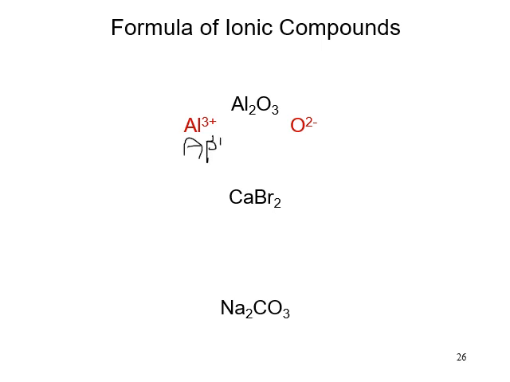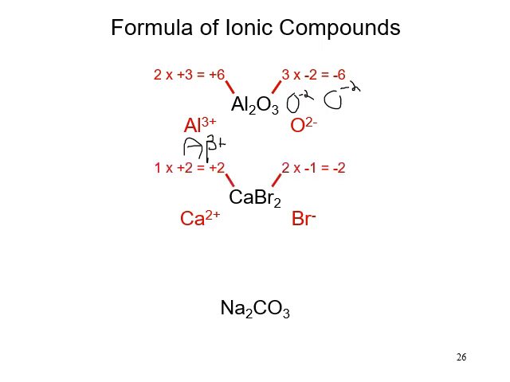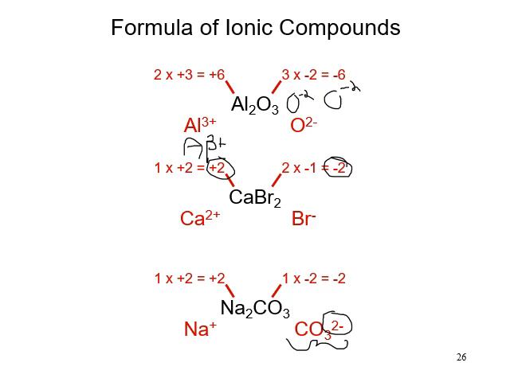Since there were 2 of them, that gives a positive 6, and then 3 of these gives a negative 6, and that's where your 0 comes in. Calcium bromide works the same way. What I'm showing you is that it backs out each way to make sure that you have an overall 0 charge for each ionic compound. Now carbonate is held together as a grouping, so this whole thing is -2, so that's why I needed 2 of the sodiums.